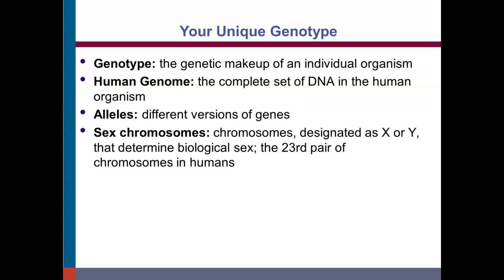Now, not all genes are exactly the same. That's what makes each individual different from other individuals. And those differences in the genetic material are what's known as alleles. This term right here, alleles. Those are the different versions of genes.